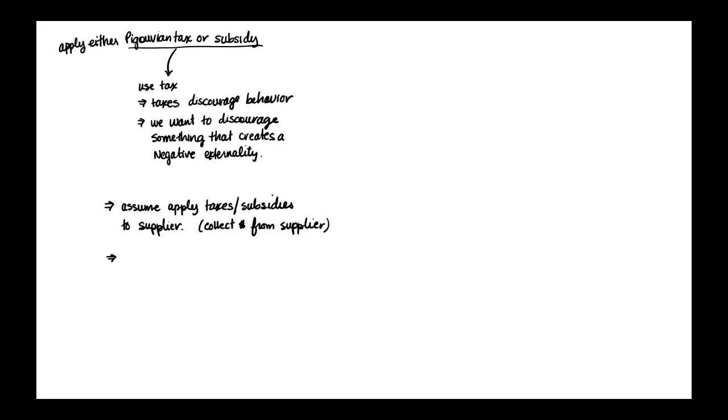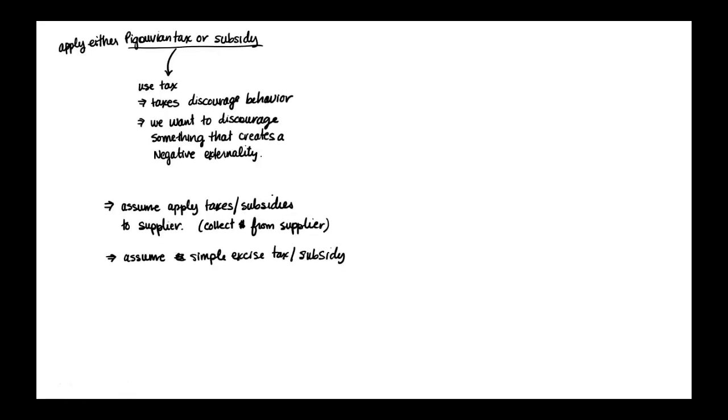All right? We're also going to make another simplifying assumption. We're going to assume that this is going to be a simple excise tax or subsidy. So I can make them somewhat sophisticated, but we're going to keep it simple. And we're going to keep it simple with a simple excise tax or excise subsidy, which means it's going to be constant per unit.